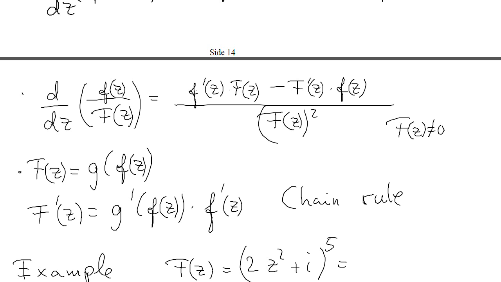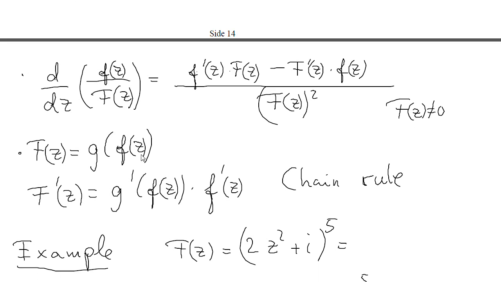And the chain rule in the real case is exactly the same in the complex case. If you have a function which is a composition of two functions g and f, like this, then the chain rule tells us that the derivative of this function is the derivative of g at the point f of z multiplied with the derivative of f.